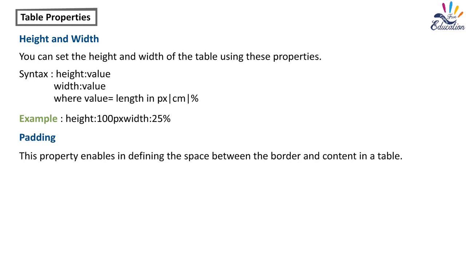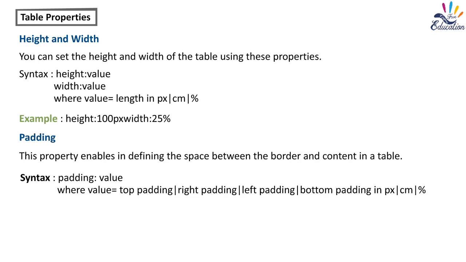Padding. This property enables defining the space between the border and content in a table. Syntax: padding: value, where value is equal to top padding, right padding, left padding, bottom padding in pixel, centimeter, percentage.